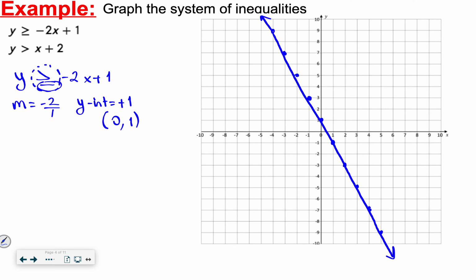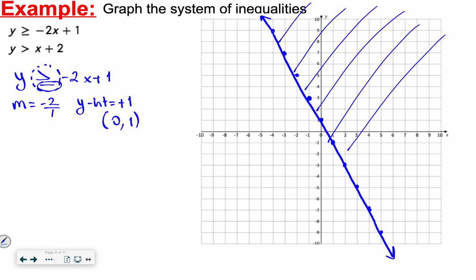After this, we will decide where we need to shade, above or below the line. Check the inequality. Since y is greater than or equal to, we will shade above the line. Here. These are all the solutions belonging to the first inequality.